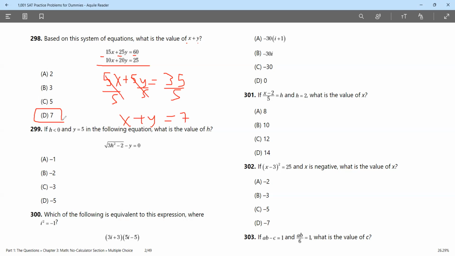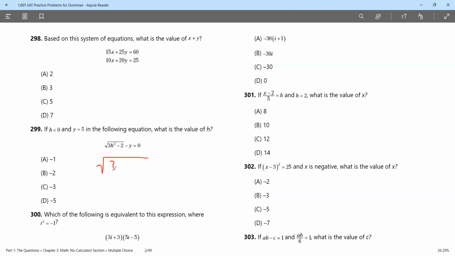Okay, let's go to the next question. If h is less than 0 and y is equal to 5, which of the following is the value of h? First of all, we will substitute y by 5. So it will be square root of 3h squared minus 2, minus 5 is equal to 0.